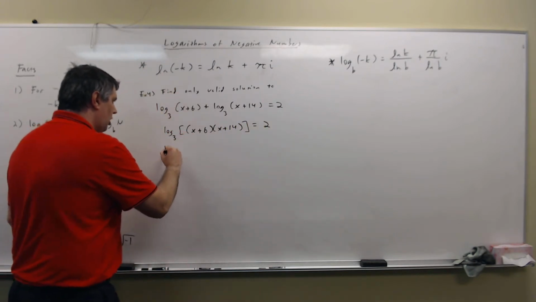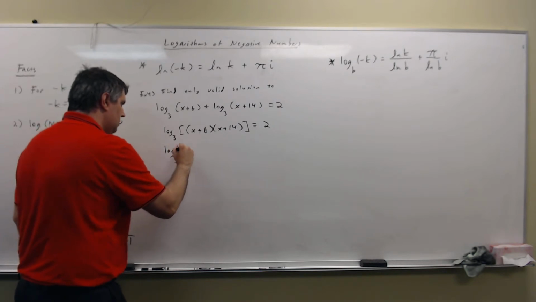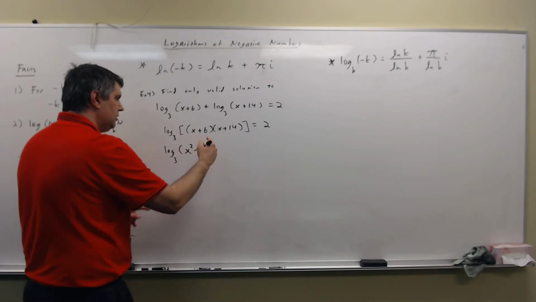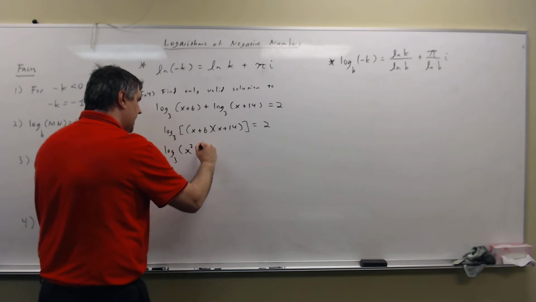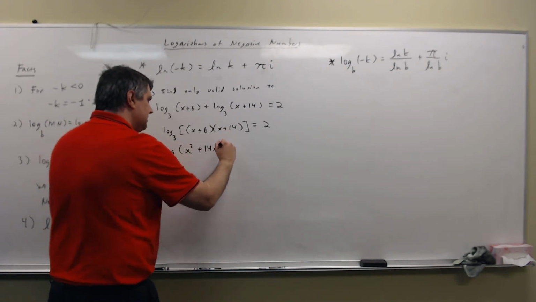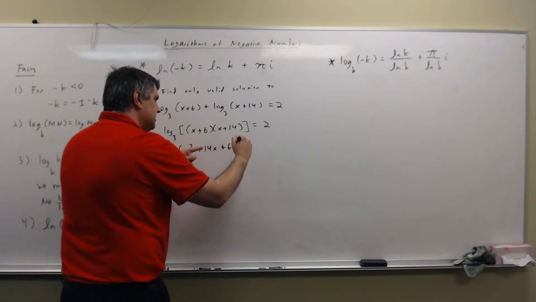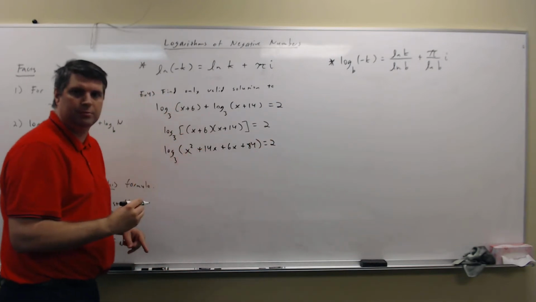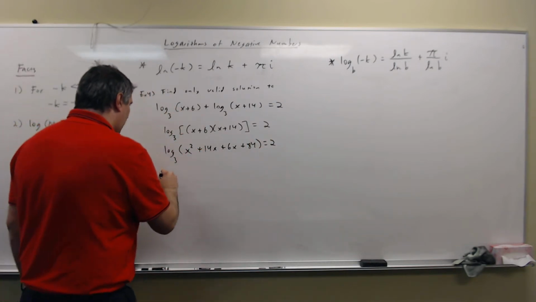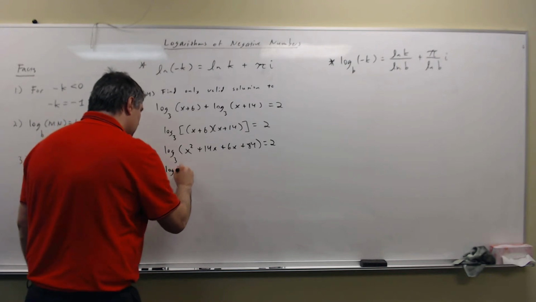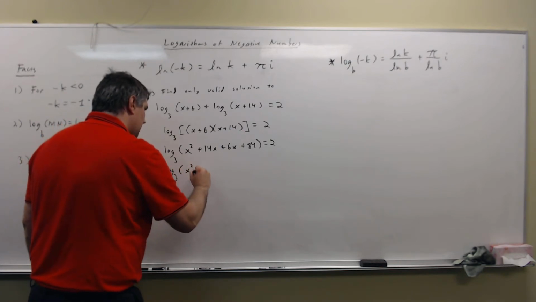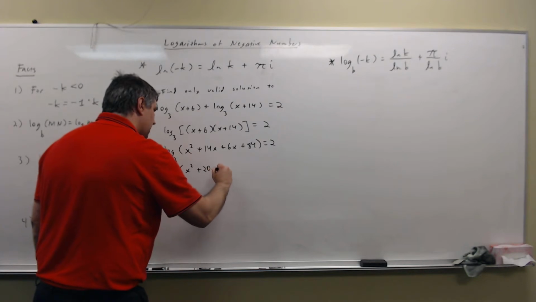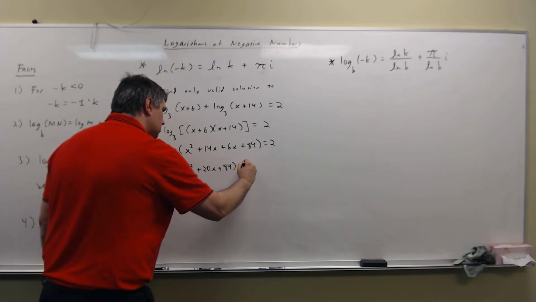So that's log base 3 of x squared plus 14x plus 6x plus 84 equals 2, which gives me log base 3 of x squared plus 20x plus 84 equals 2.